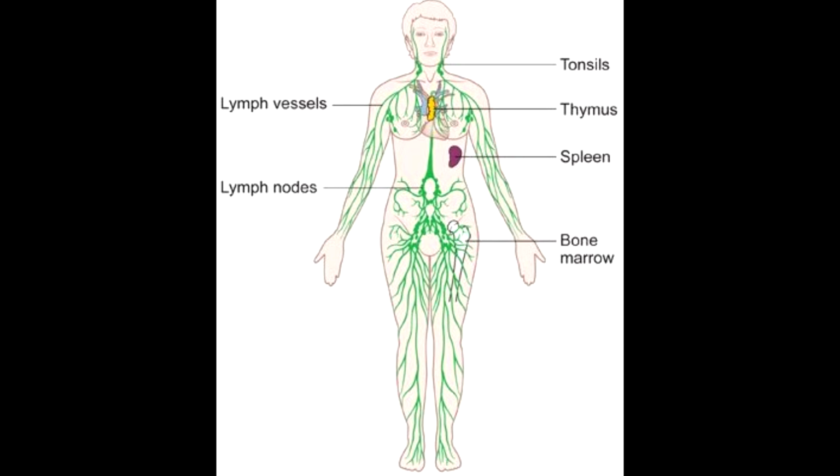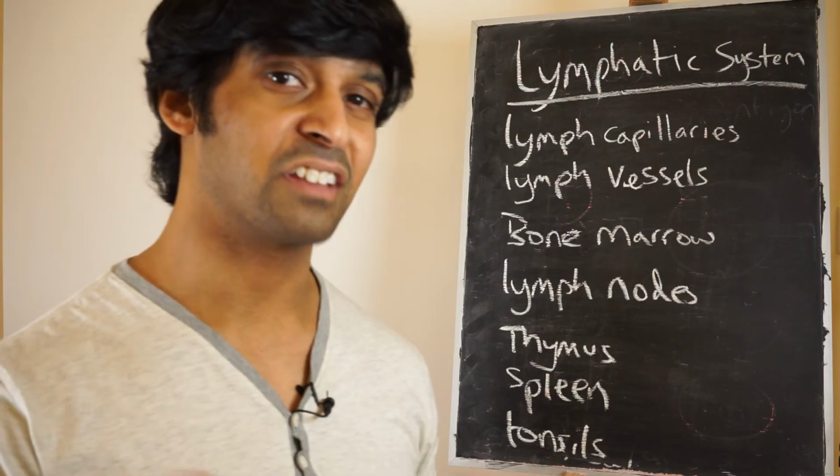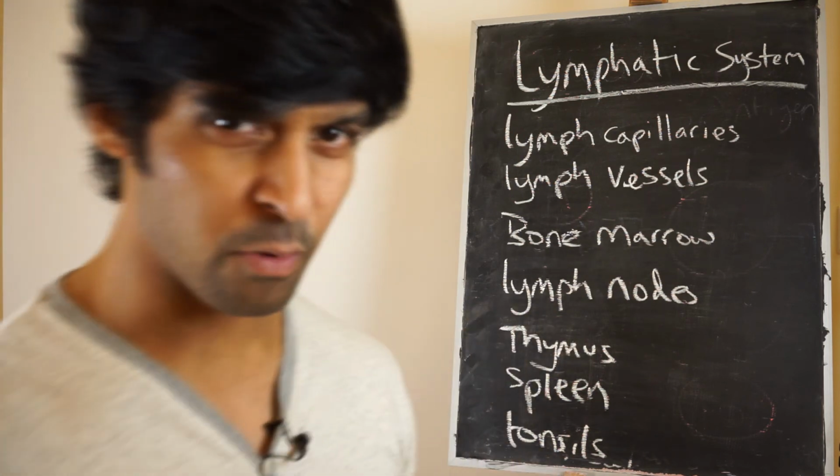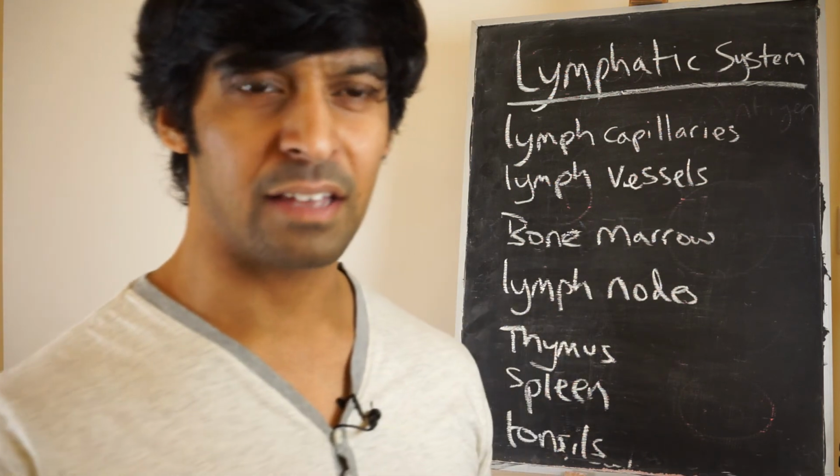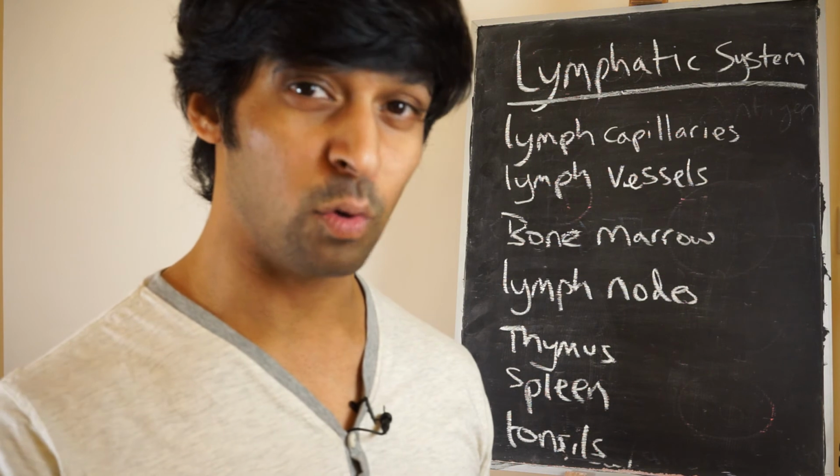Okay. Now, the reason why when you get sick, your throat swells up, and sometimes you get swellings in your armpits and your groin, is that your neck, groin, and armpits contain lots of lymph nodes. And as I mentioned before, the lymph nodes filter the pathogens and then kill them with the lymphocytes. Now a pathogen, remember, is a microorganism that causes disease.